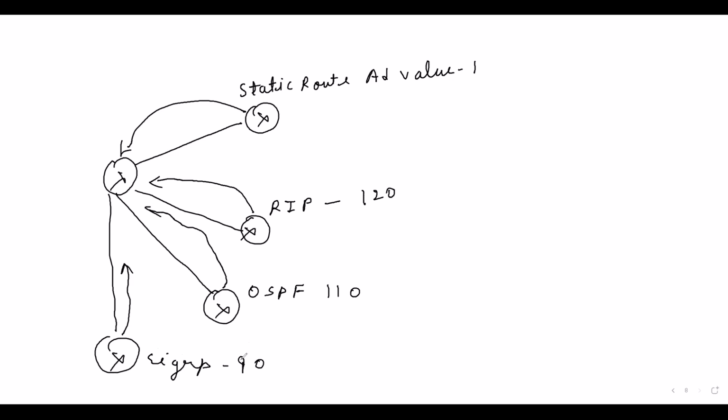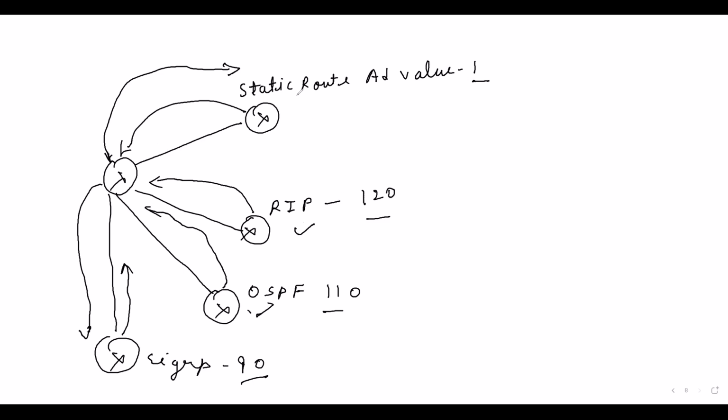So what the router will do, according to AD value, it will give preference. Static route has the lowest AD value, so first this router will give preference to this router. Then the one with the next lowest, this one. Then EIGRP, then OSPF and then RIP.